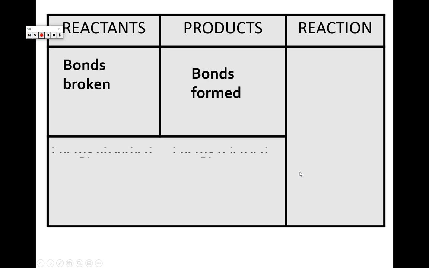Okay, so this chart here: in the reactants, bonds have to be broken. In the products, bonds have to be formed. And there's two spots, right? One's endo and one's exo. If you break bonds, energy is always absorbed. If you form bonds, energy is always released. And then you're just looking for which one's greater.